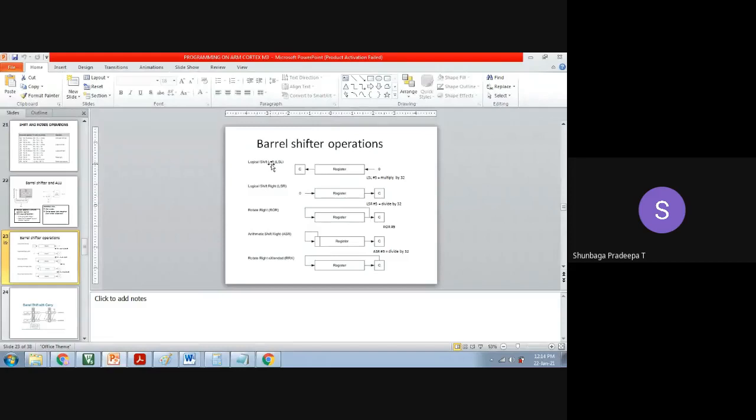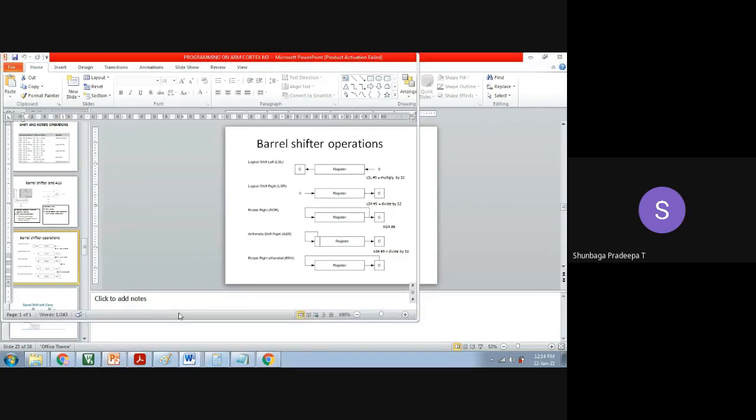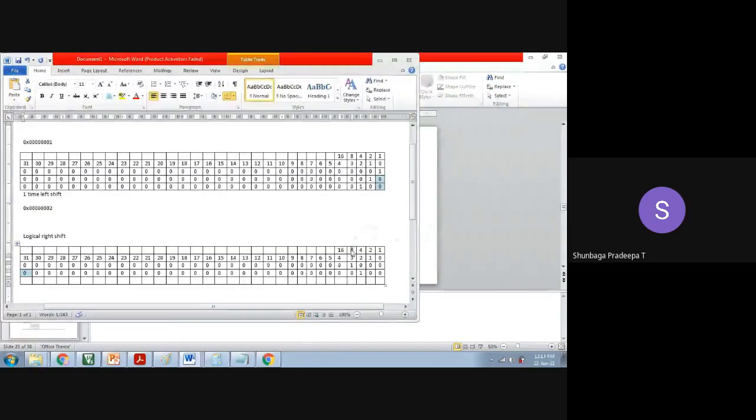So this logical left shift is equivalent to multiplying, and logical right shift is equivalent to what? Earlier the equivalent value was 8. So now what is the equivalent value here? It is now changed to 4. So again, if you are shifting by 1 time, it will turn to 2. So logical right shift is equivalent to dividing by 2 power n.